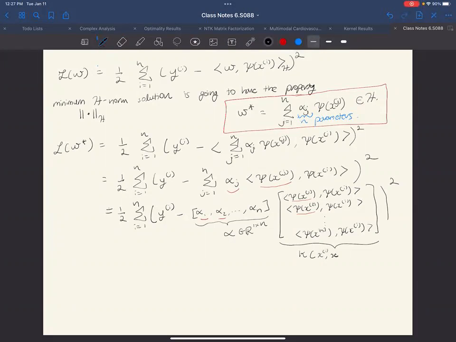Actually, let's pick a better notation. Let's do psi of capital X, comma xi. Great.